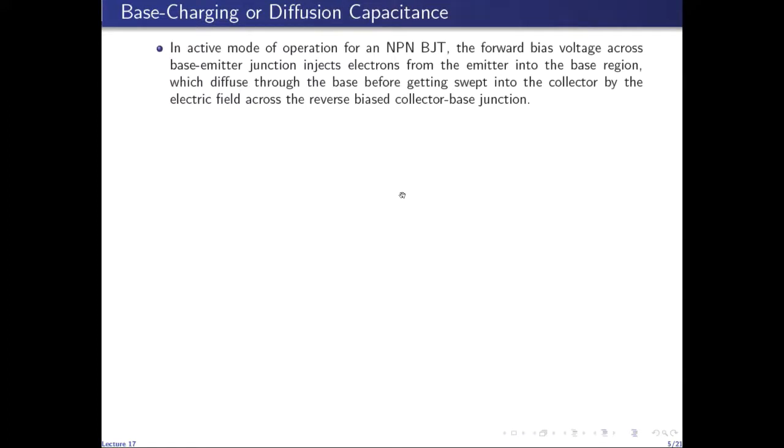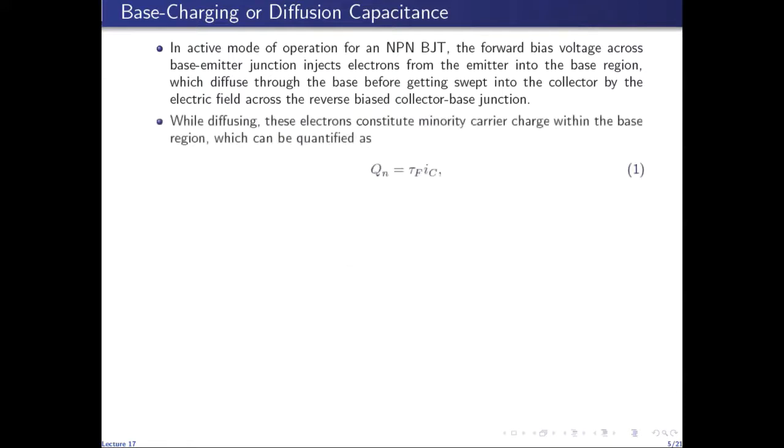So the diffusion capacitance is quantified by the electronic charge which is injected by the emitter into the base region. As the electrons injected from the emitter side into the base region diffuse through the base region, they constitute minority carrier charge stored within the base region.